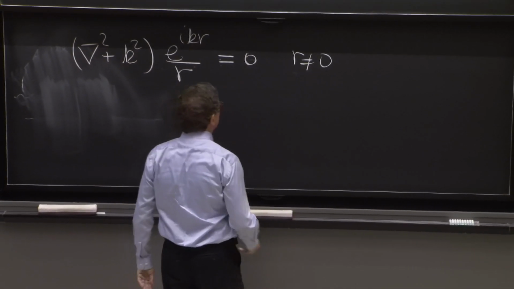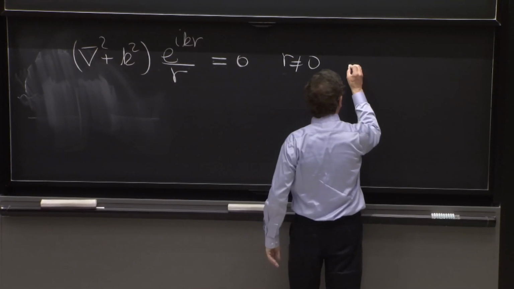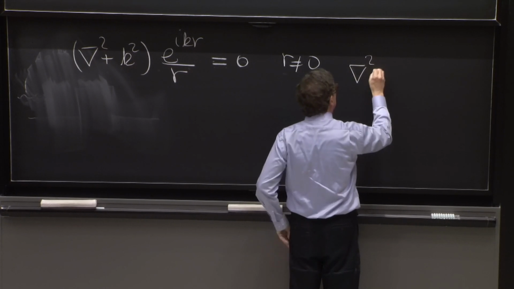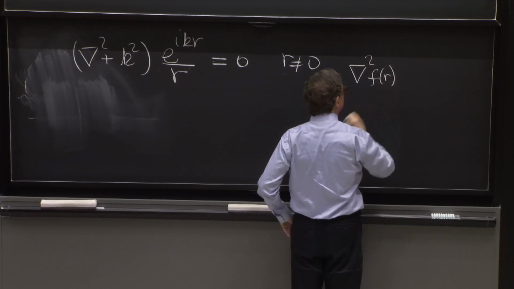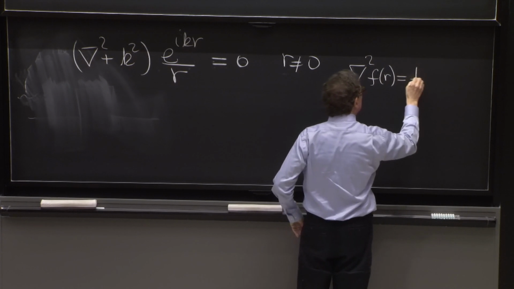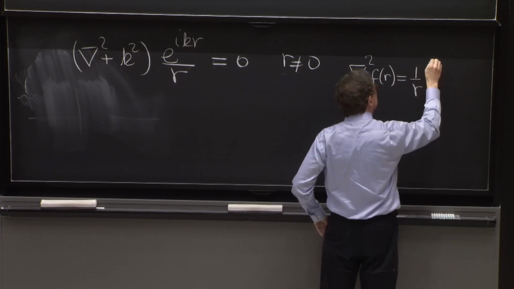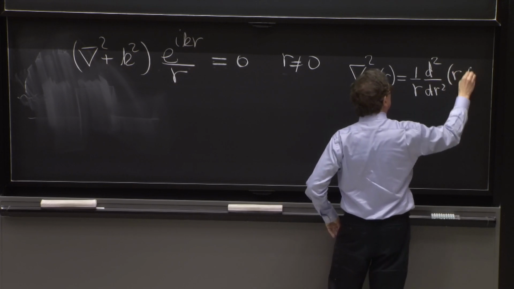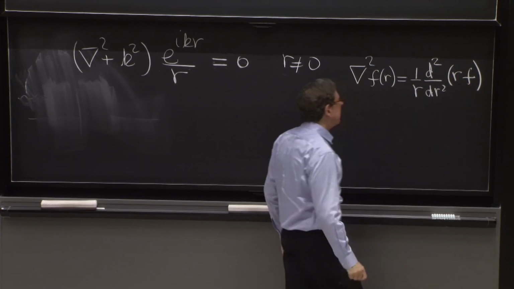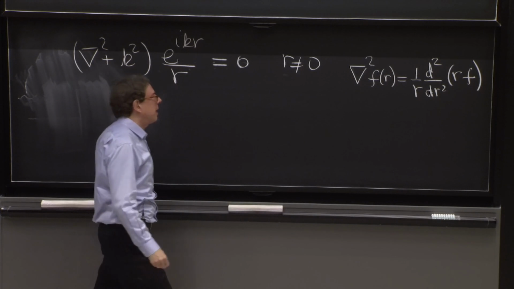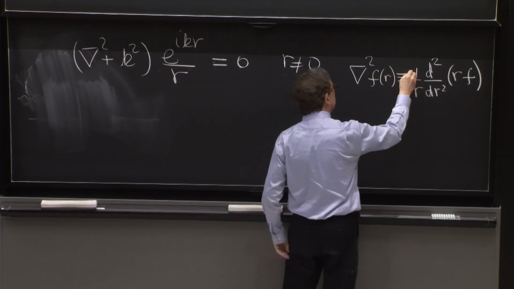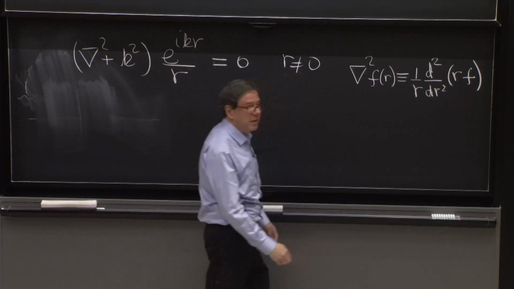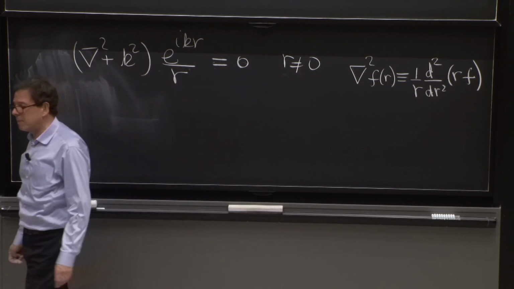checking this kind of thing is to remember that the Laplacian of a function of r is in fact 1 over r d second dr squared of r times f. That's a neat formula for the Laplacian of a function that just depends on r. If it depends on theta and phi, it's more complicated.